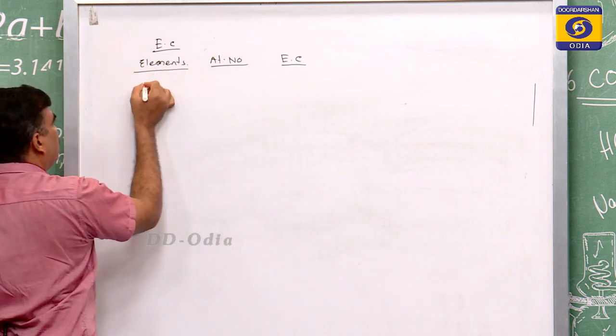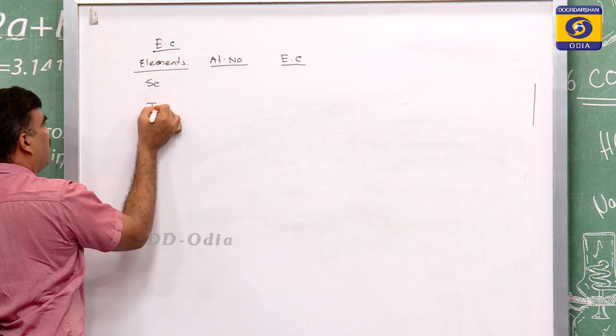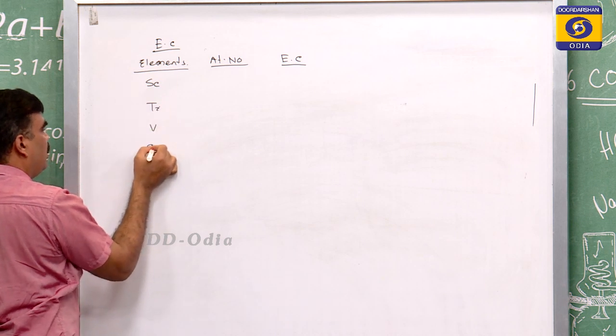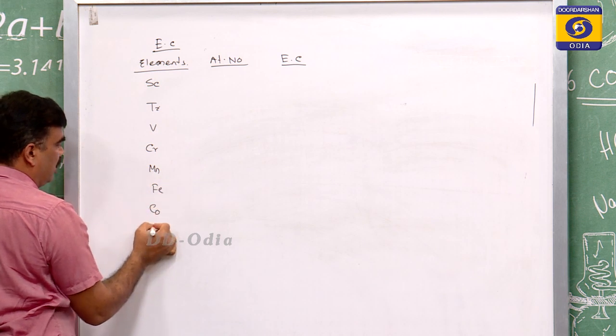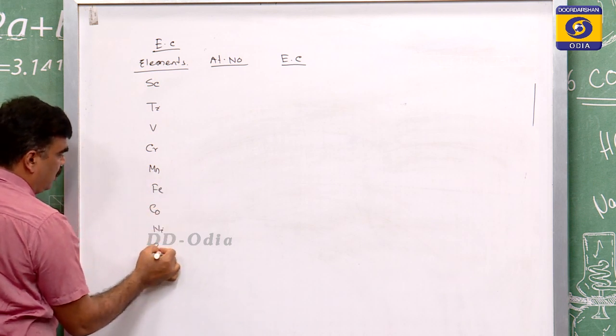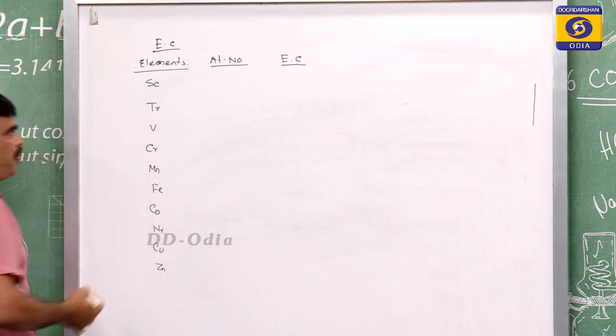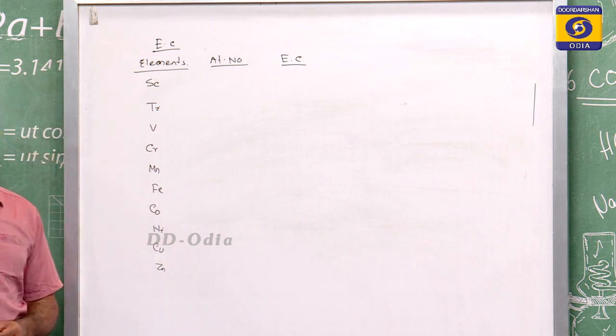The elements are scandium, titanium, vanadium, chromium, manganese, iron, cobalt, nickel, copper, zinc. How to remember these elements?